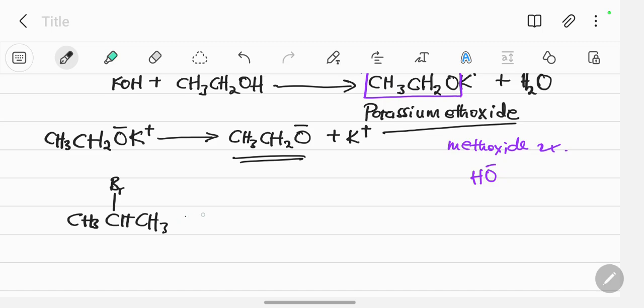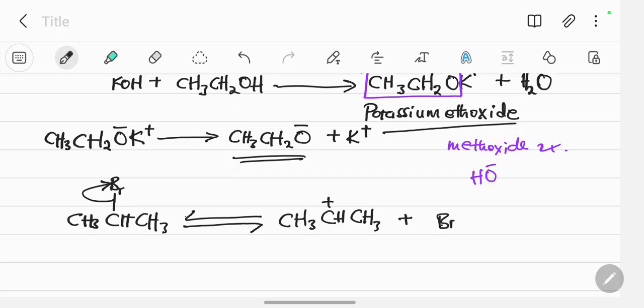So this one is going to partially ionize, or it's going to break off that halogen. So this reaction is reversible. When this halogen breaks off, due to its high electronegativity, it gains a negative charge there.